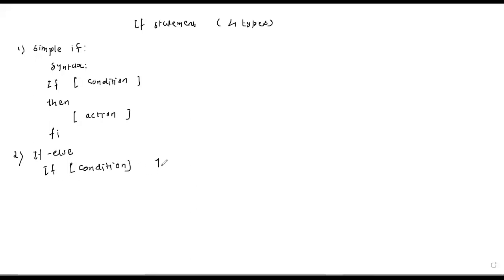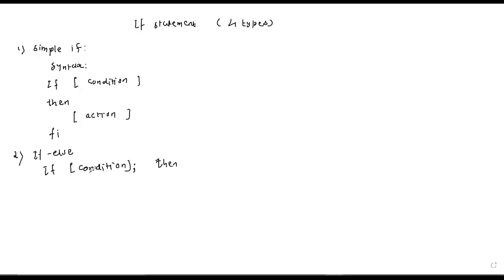If you want to continue in the same line, then do not forget a semicolon after writing the condition. When you want to write then in the same line immediately after the condition, you have to put a semicolon. Here the semicolon is not required.